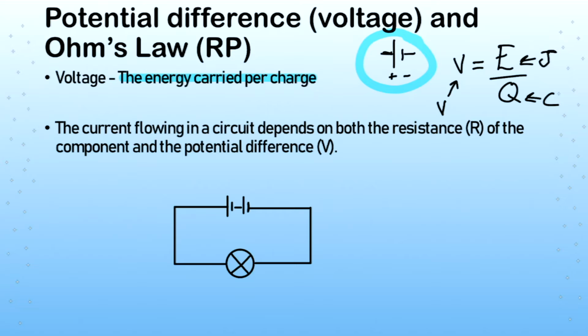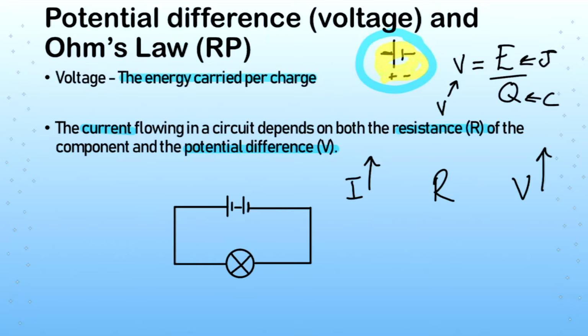The relationship between current, voltage and resistance is that the current flowing in a circuit depends on both the resistance and the potential difference. So if we have the idea of current, we have resistance and we have voltage. If we increase the voltage, we are going to increase the current, because increasing the voltage gives more of a difference between our positive and our negative regions.